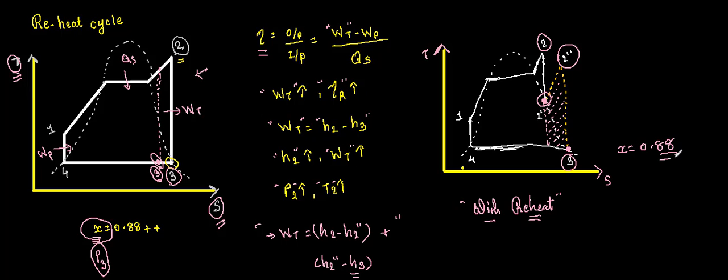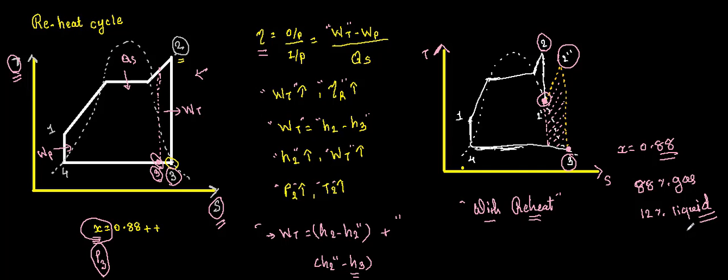You may ask what we mean by a dryness fraction of 0.88. A dryness fraction of 0.88 means 88% gas and 12% liquid present inside the steam.